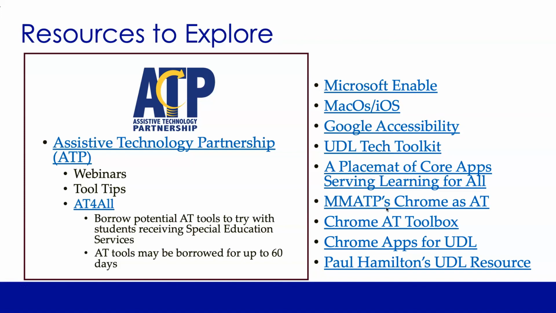Individuals in schools who are working with students with disabilities can borrow assistive technology tools, and there are thousands to go ahead and borrow from to try with students who are receiving special education services. These borrow periods can last up to 60 days, and this is completely free of charge. We ship things out to you, and we provide return shipping.